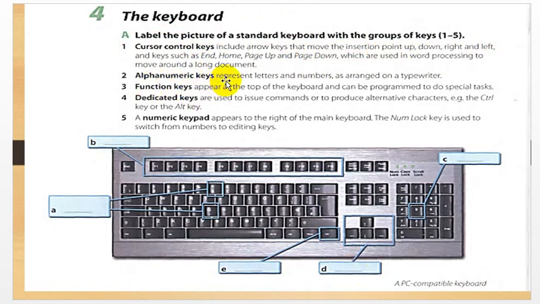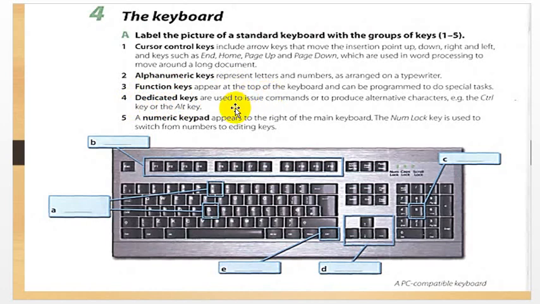Alphanumeric keys. What is the function of alphanumeric keys and how do they work? They represent letters and numbers as arranged on a typewriter. These are the alphabet. Okay, function keys. If somebody asks you what the function keys are, you should describe them: they appear at the top of the keyboard and can be programmed to do special tasks.